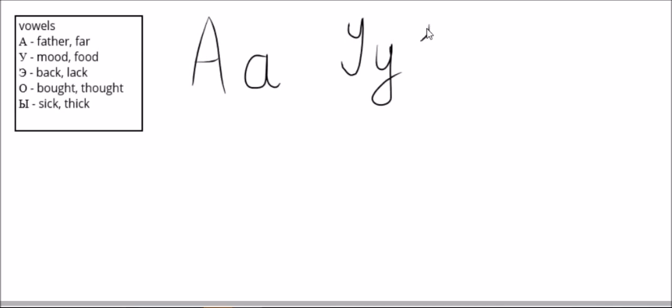Just practice, you have to write it and say it. Write it and say it, U. Then write again and say it again, U. So that you memorize that it's not Y anymore, it's U.